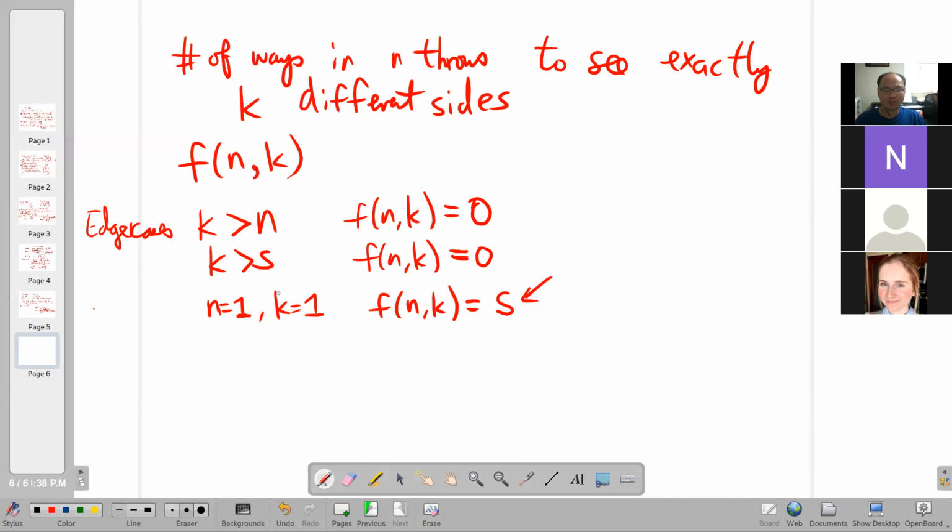Those are some of the base cases, edge cases. I don't know if that's all the edge cases, but what about the general case? The best way to think about this is recursively. I have n throws.